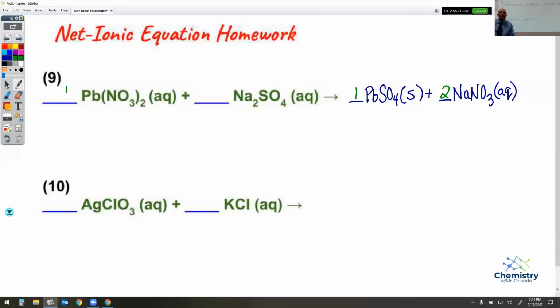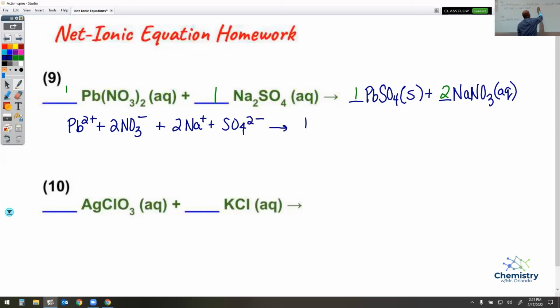Now let's have a look at our complete ionic equation. So in the complete ionic equation, we have lead 2 plus 2 NO3 minus ions plus our 1 sodium sulfate. That's going to break down into 2 sodium ions plus 1 sulfate ion.